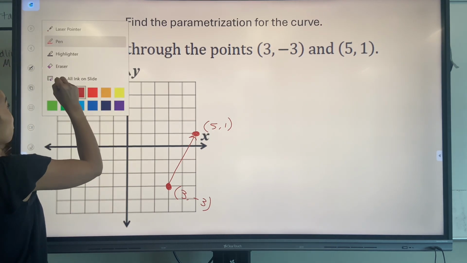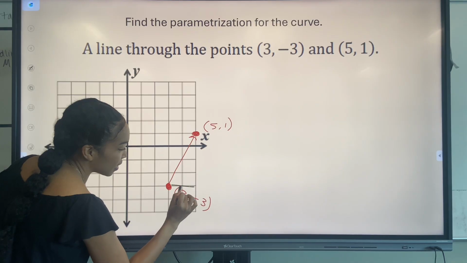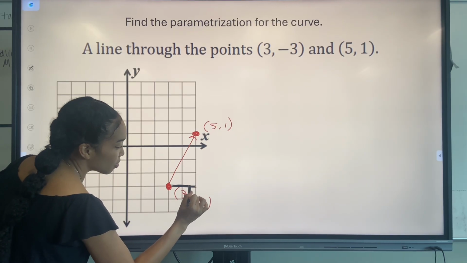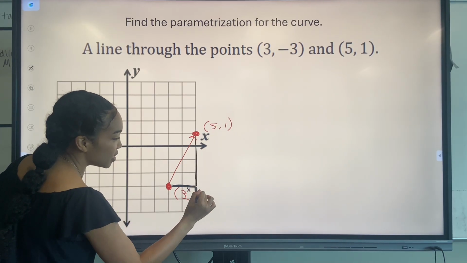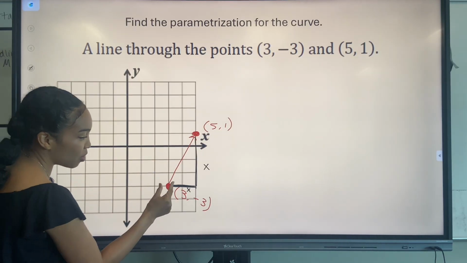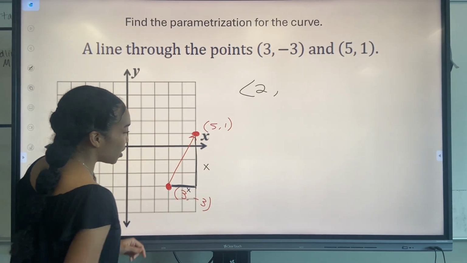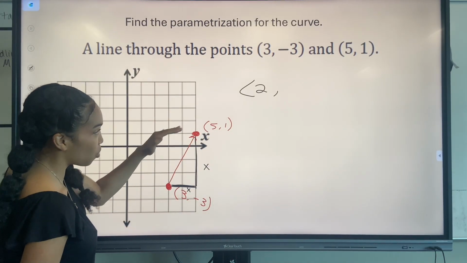Okay, so first we can find the component. What is this x distance? And what is this y distance? Well, since I plotted it on my graph, I can see that it went 2 spaces to the right, and it went 1, 2, 3, 4 spaces up.